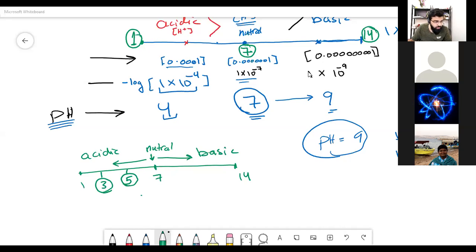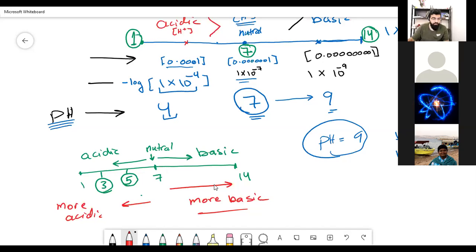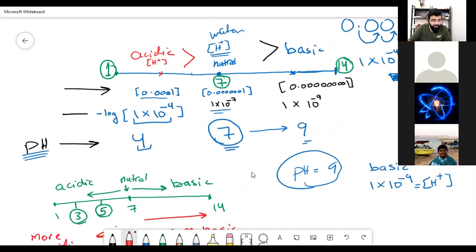Actually, most of you are correct. As you move toward number 1, it's more acidic, and likewise less basic. And if you move toward 14, it's more basic. If you want to understand why, go back to the numbers here.